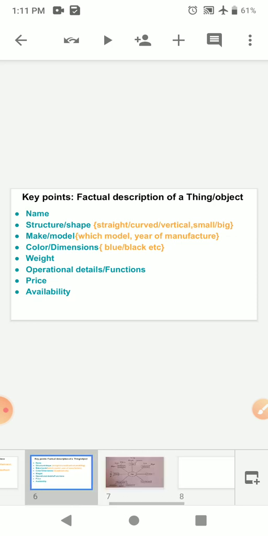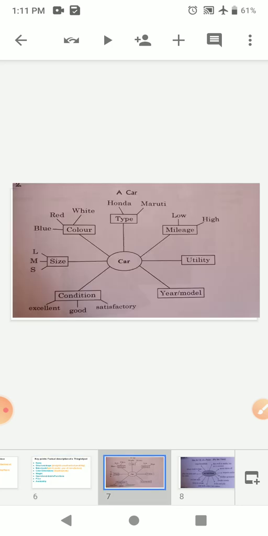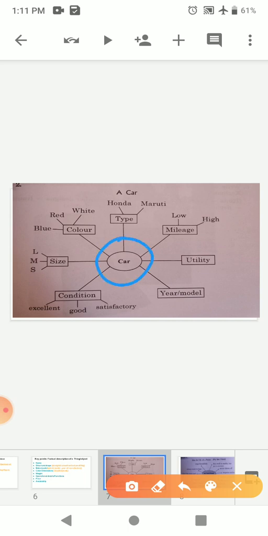So yes, fine. For example, if any topic is given to you and you are asked to write a factual description on that, of any person or place or a thing, you can do one more thing. You can just make a flow chart like this. For example, you are asked to write about a particular car, and you will just make a flow chart like this.